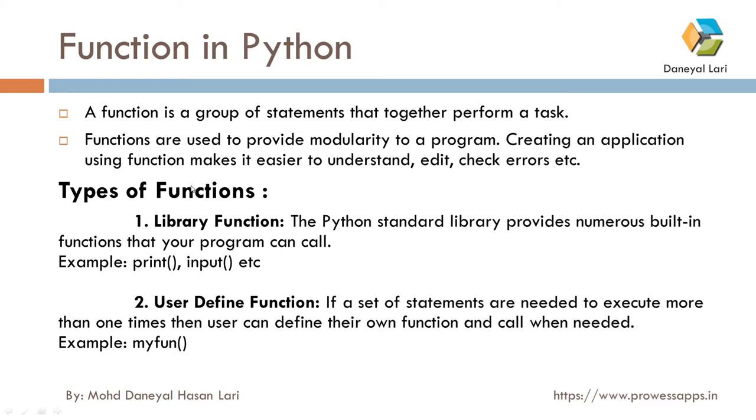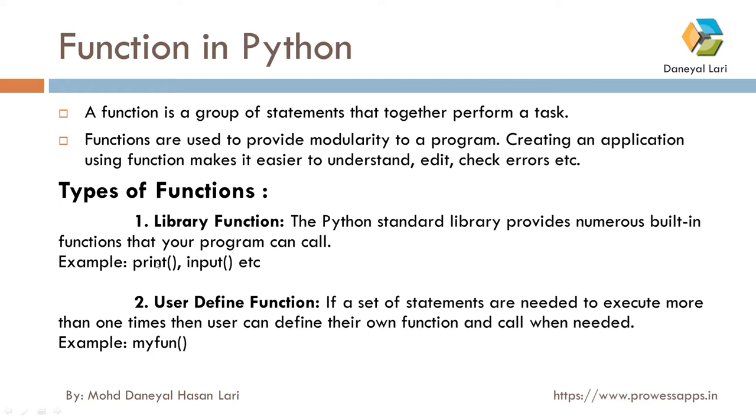There are two types of functions available. One is called the library function. Library functions are those functions which are already developed by the Python developers and which you use directly in your application. For example, we have seen many functions in the previous tutorial: the print function to show output to the user, and the input function to take the user's input.